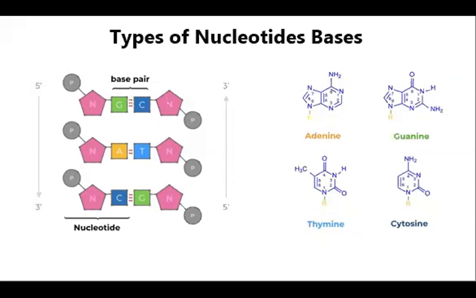The nucleotides are joined to one another by a covalent bond that forms between the sugar of one nucleotide and the phosphate of the next, resulting in an alternating sugar-phosphate backbone. Nucleotides on two complementary strands connected together are called base pairs.